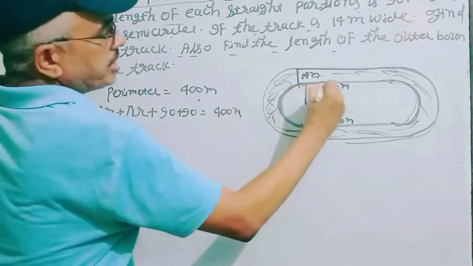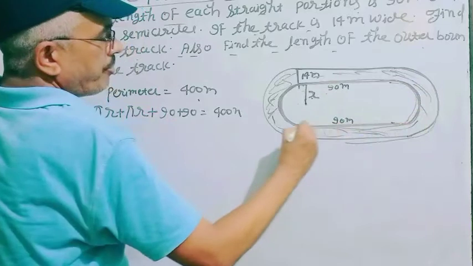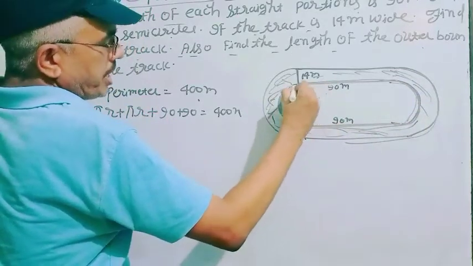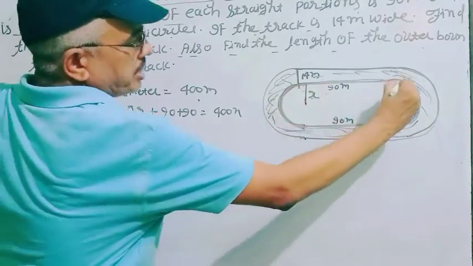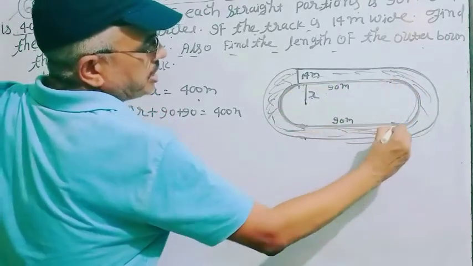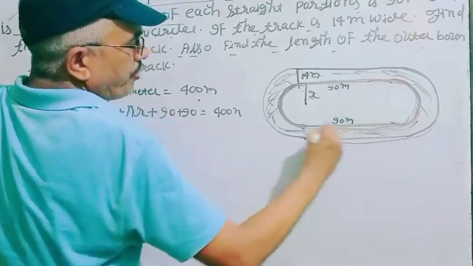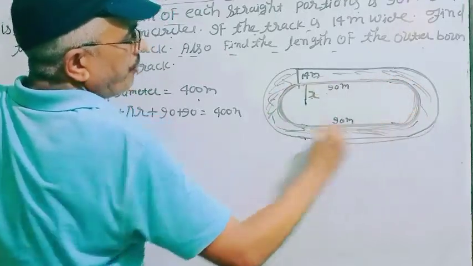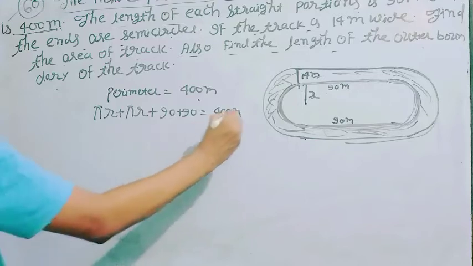Dear students, these inside parts are the boundary. There are four parts. The first part is a semicircle, the second part is a semicircle, the third part is 90, and the fourth part is 90, and that is the whole boundary inside. So it is 400 meters.